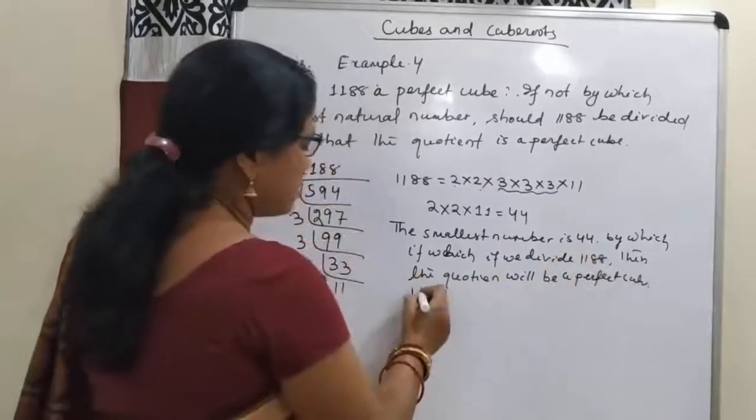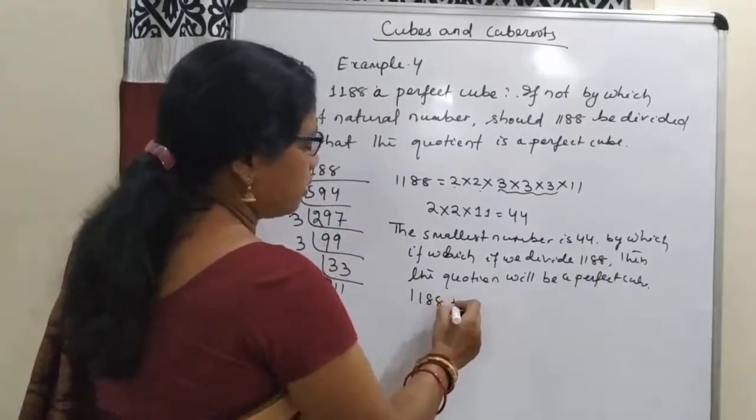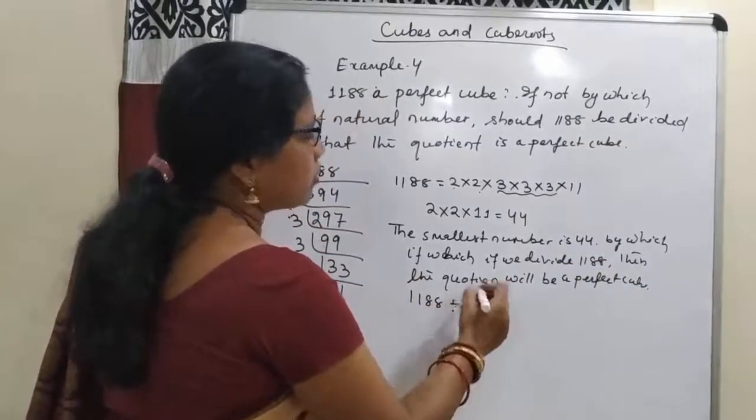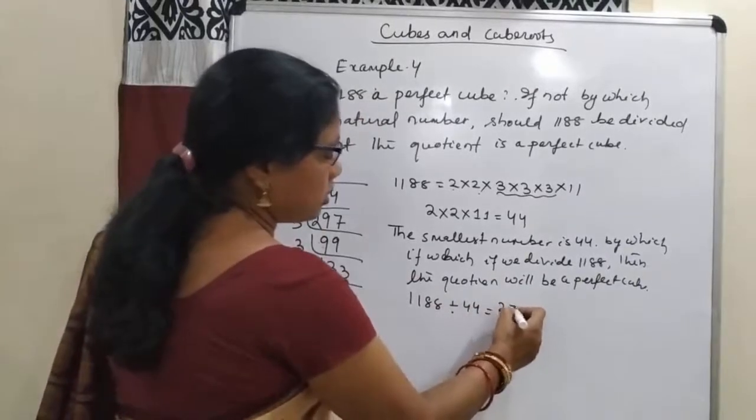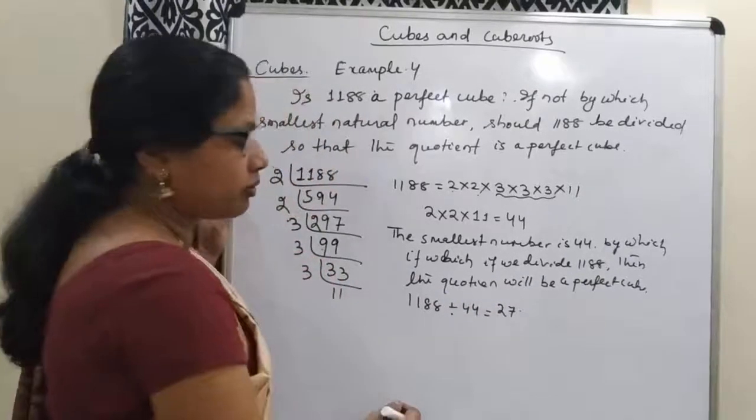So that means 1188 divided by 44 becomes 27. So 27 is a perfect cube.